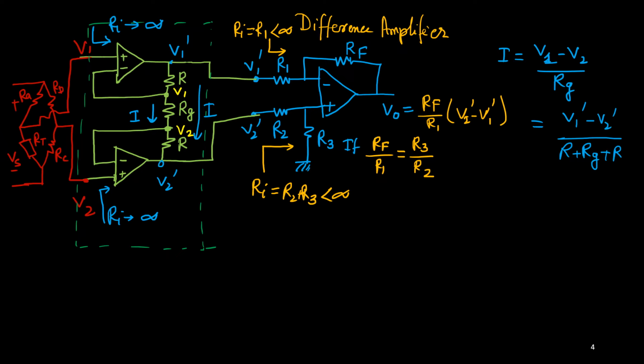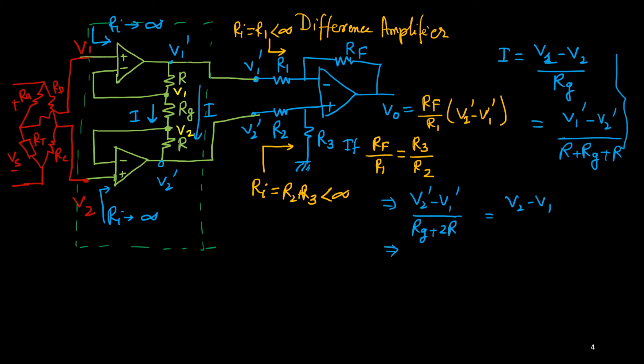If you combine these two, can I write V2 prime minus V1 prime, so I can put a negative sign here. RG plus 2R equals V2 minus V1, right?